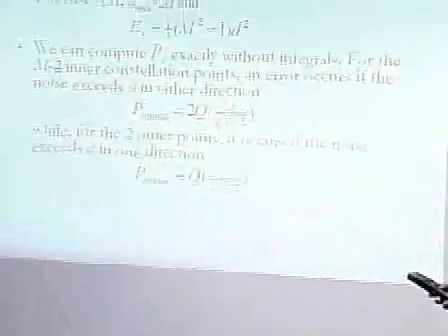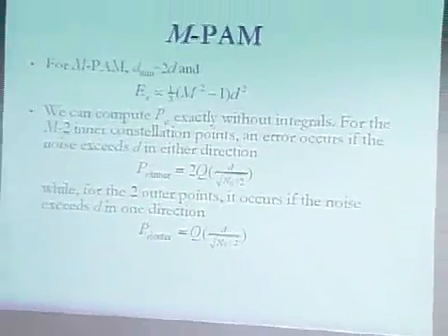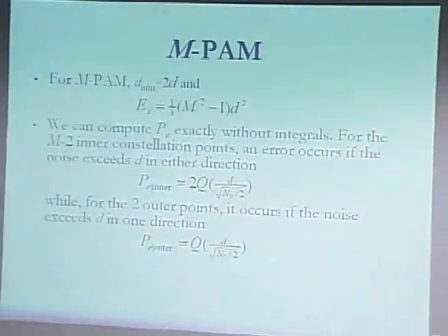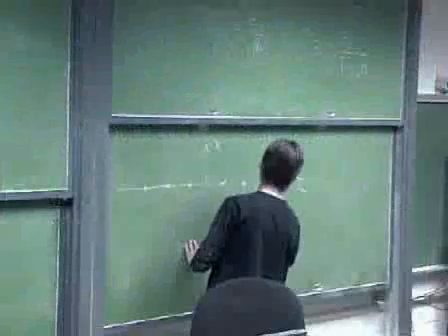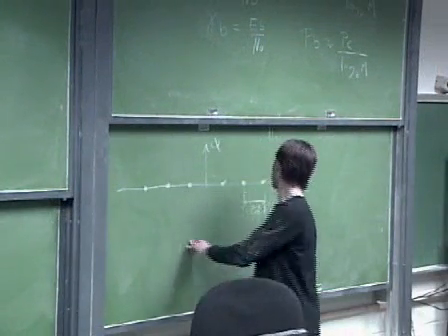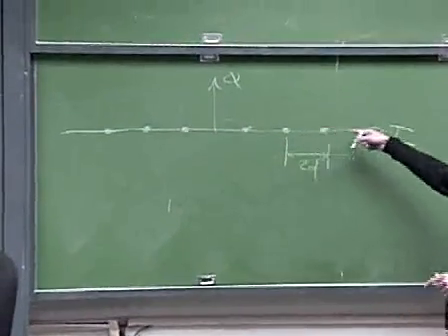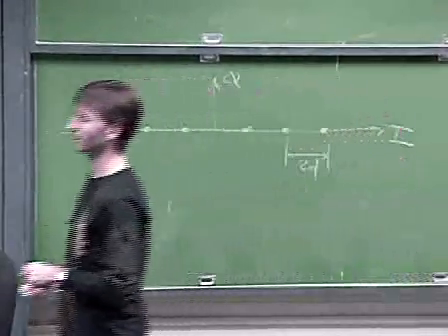For the M-2 inner points, we have an error if the noise exceeds d. Remember that the spacing between 2 points is 2d. So if the noise is bigger than d, we're going to be pushed into the vicinity of the other point, and we'll make a mistake.